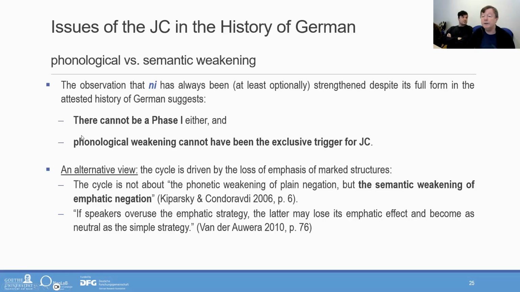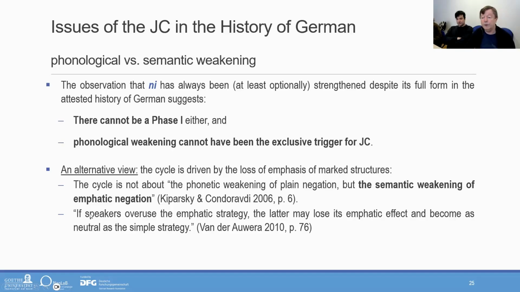The observation that ni has always been, at least optionally, strengthened, despite its full form in the history of German, suggests that there cannot be a phase 1 either, and phonological weakening cannot have been the exclusive trigger for the Jespersen cycle.